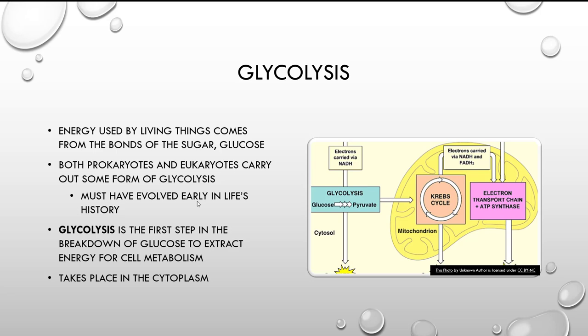Okay. And again, that's just the first step. So basically we're going to take that glucose molecule that we've broken down from our food, and we're going to break it down and extract some energy from it. Okay. And again, like I said before, this takes place in the cytoplasm. So that's why it's present in all cells, because not all cells have mitochondria, like the prokaryotes. Okay, so this takes place in the cytoplasm of the cell.